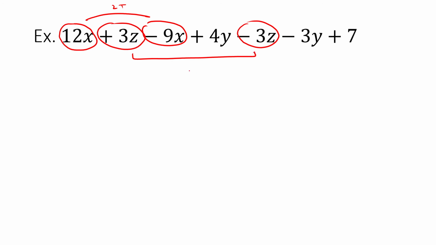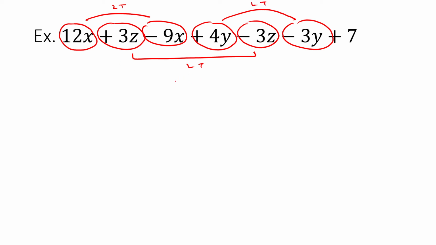Those two are like terms. So let's move on to the next one, 4y. Is there any like term with 4y? Yes, it's minus 3y. And then last but not least, 7. Does 7 have a like term? No. So that's it. Those are all the like term pairs.